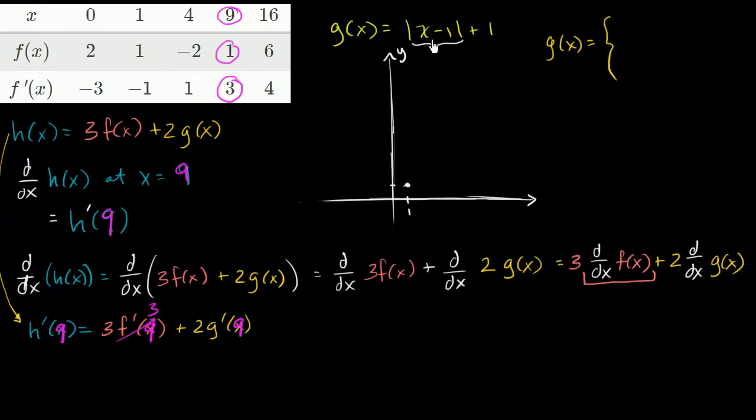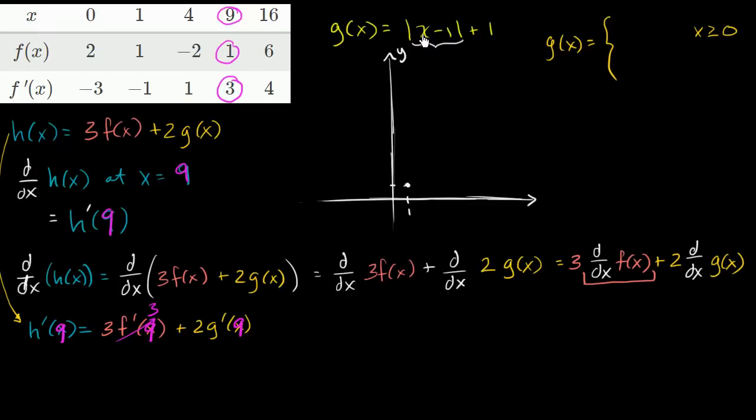So when the absolute value is non-negative, that's when x is greater than or equal to 0. And if you're taking the absolute value of a non-negative number, then it's just going to be itself. The absolute value of 0 is 0. Absolute value of 1 is 1. Absolute value of 100 is 100.